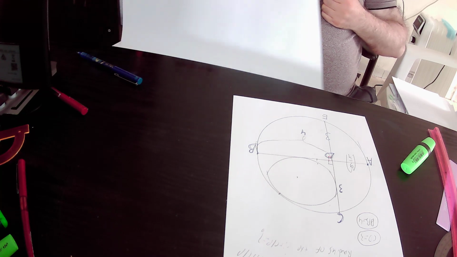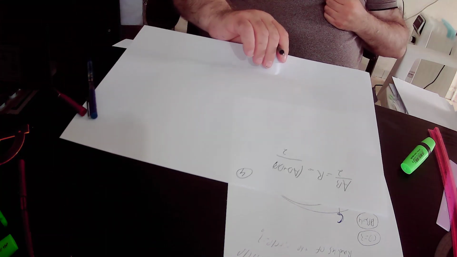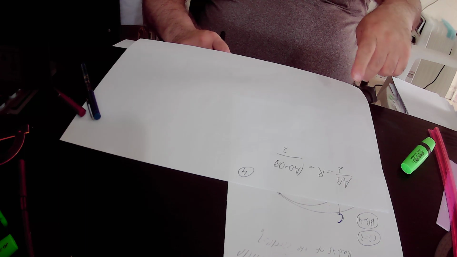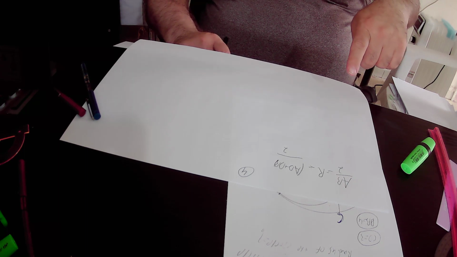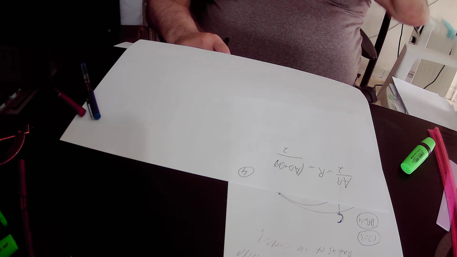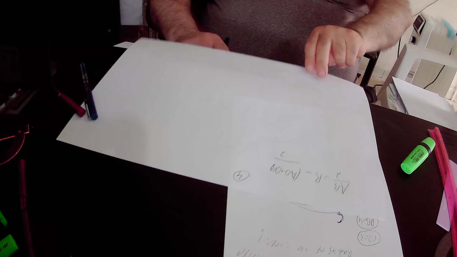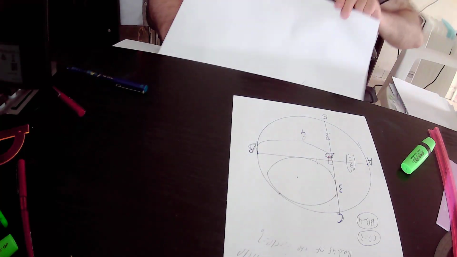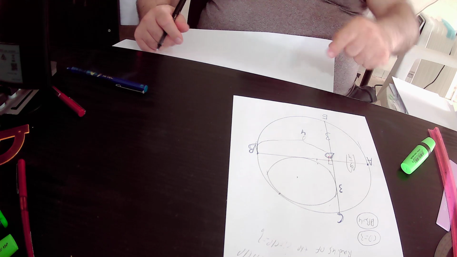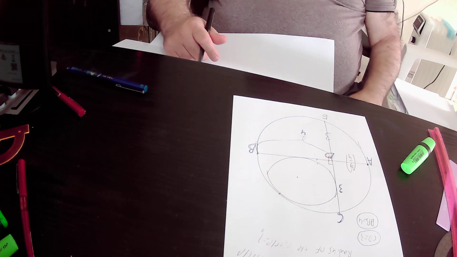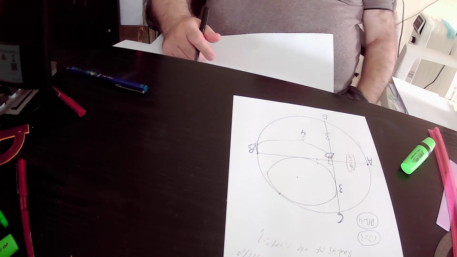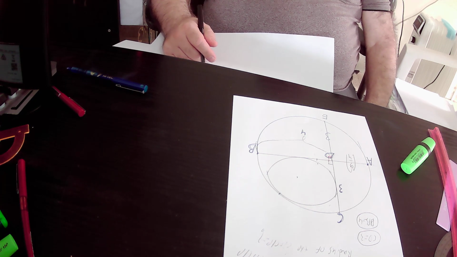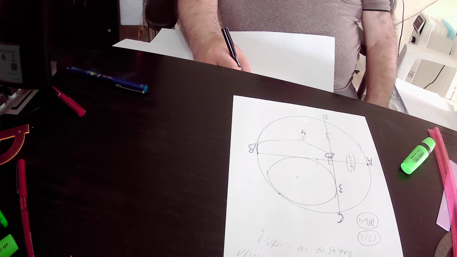So R equals AB over 2, which equals AD plus DB over 2. We have already found that AD equals 9 over 4, so we substitute AD by 9 over 4.